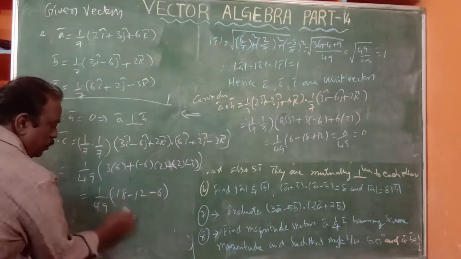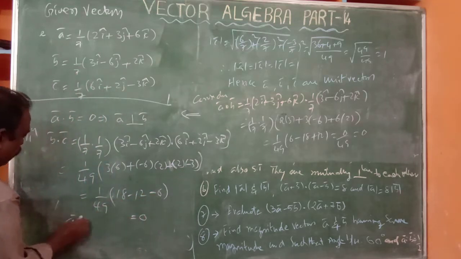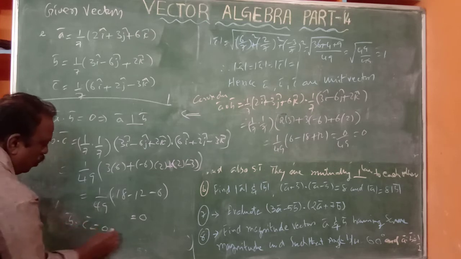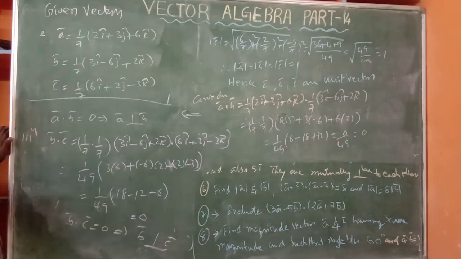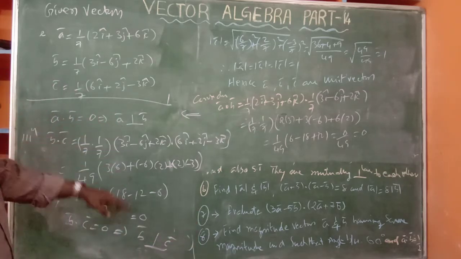So it is 18 − 18, which is 0. So here also b bar dot c bar is 0, which means b bar is perpendicular to c bar. So this is over.